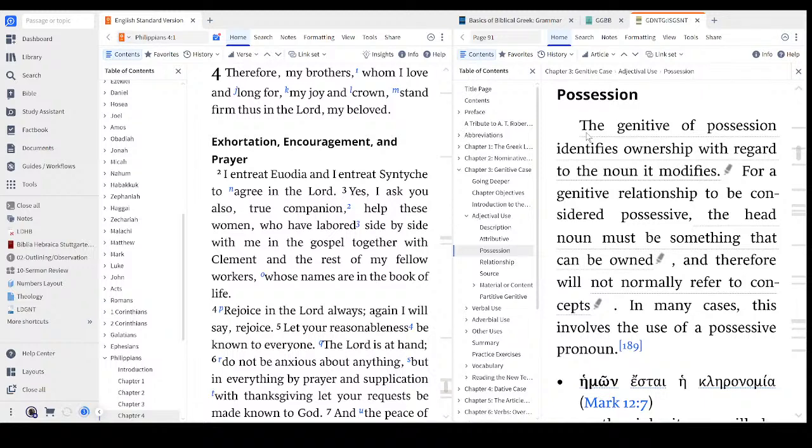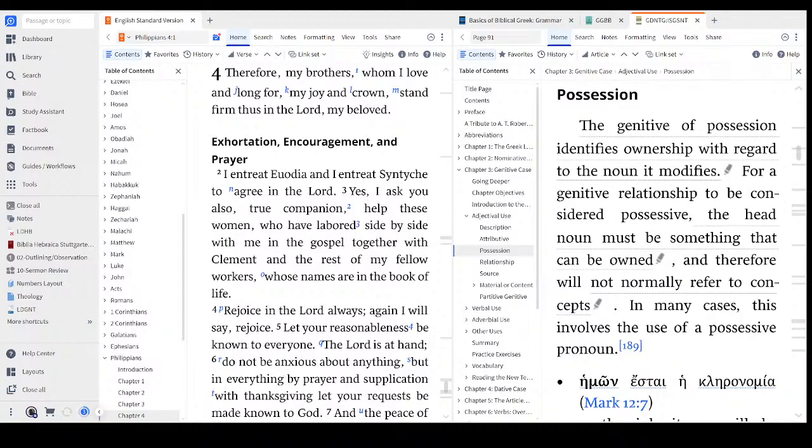If I'm going through a preposition, I'm going to refer back to the various ways that, for instance, a para can be used.